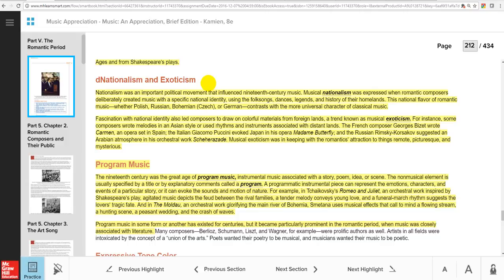And there's reasons why during this time people started having nationalistic pride. A lot of it had to do with, for the first time, the formation of the modern countries of Europe as we see them now.